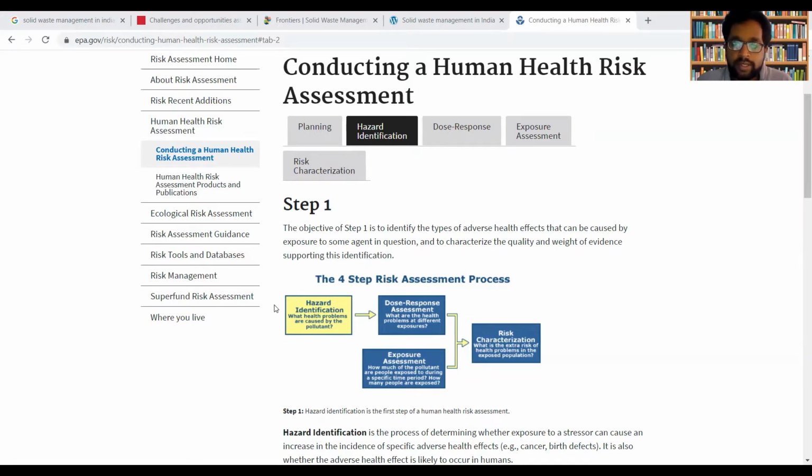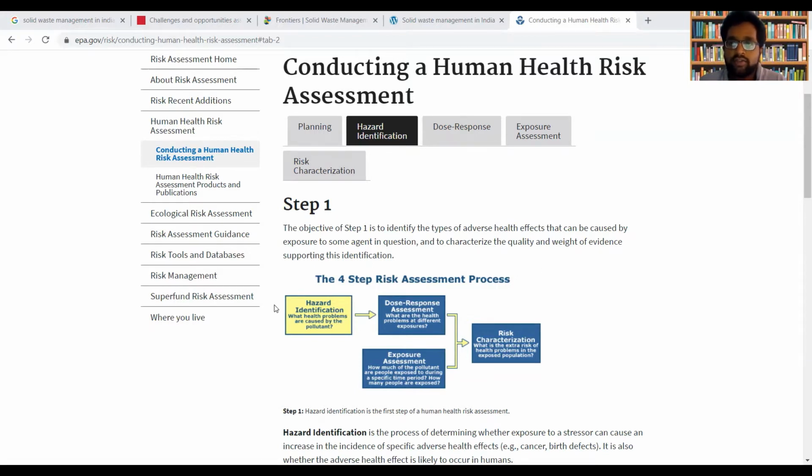So these two will be carried out. Dose response means at different exposure levels, what will be the health effect? At a particular dose of the toxicity, what will be the effect caused to the receptor population? You evaluate it in the dose response assessment.